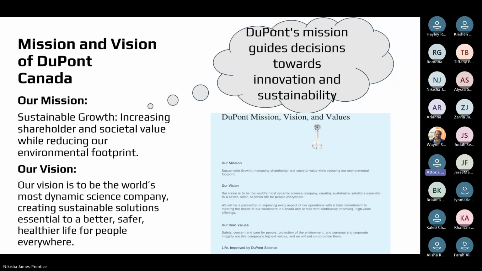Their vision was to be the world's most dynamic science company, creating sustainable solutions essential to a better, safer, and healthier life for people everywhere. This shows how businesses connect their mission and vision. DuPont's mission is to grow in a way that is both responsible and profitable over the long term.